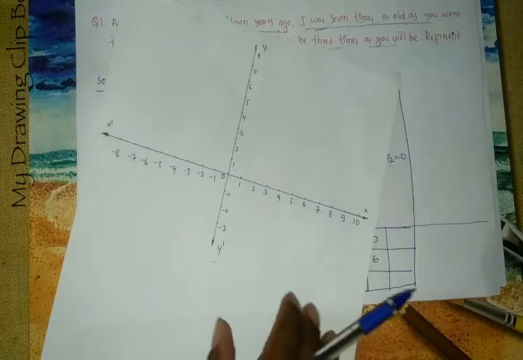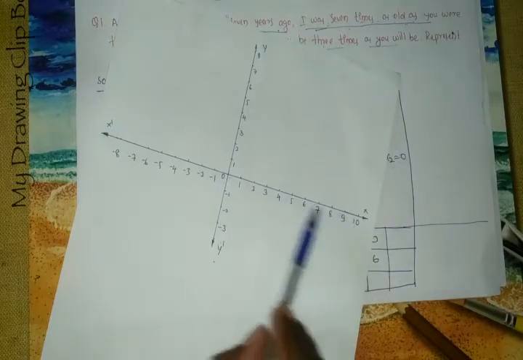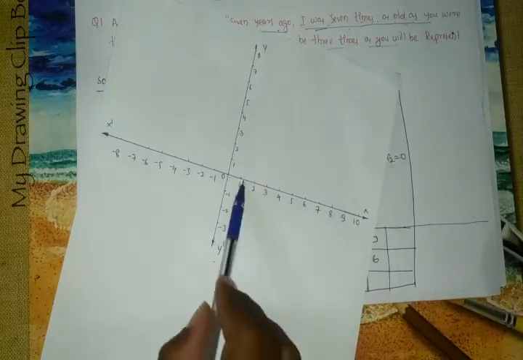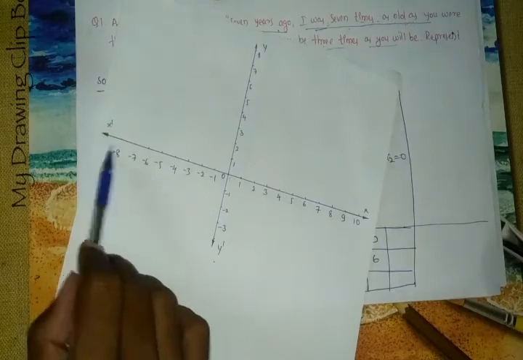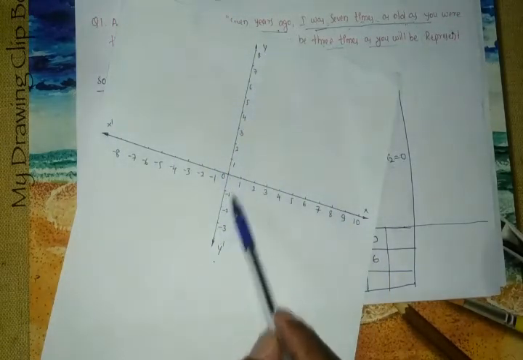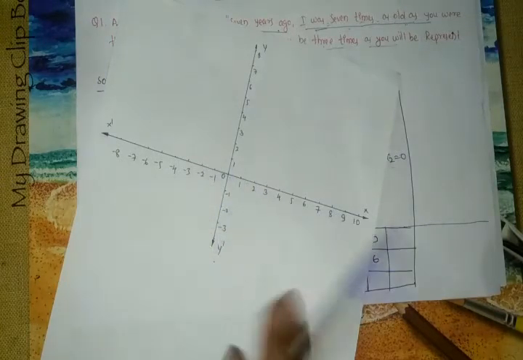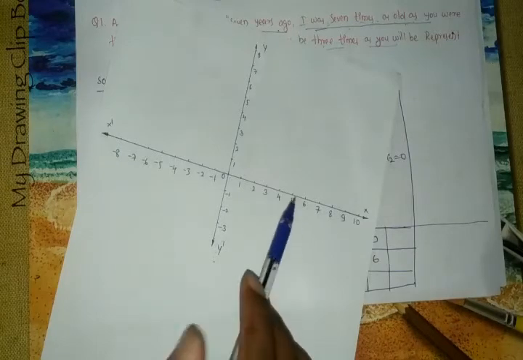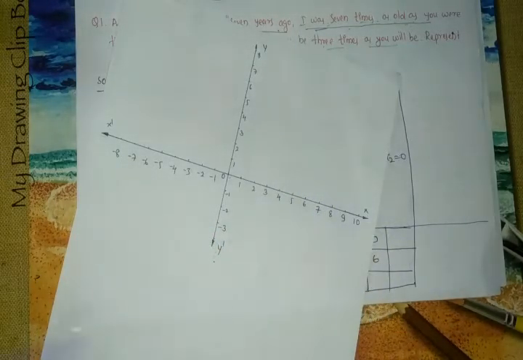I have decided that on the x-axis I will go with 10 units on the right, -8 on the left, 8 on the positive y-axis, and -3 on the negative y-axis. I will try to plot the graph within this. You can extend it up to infinity.